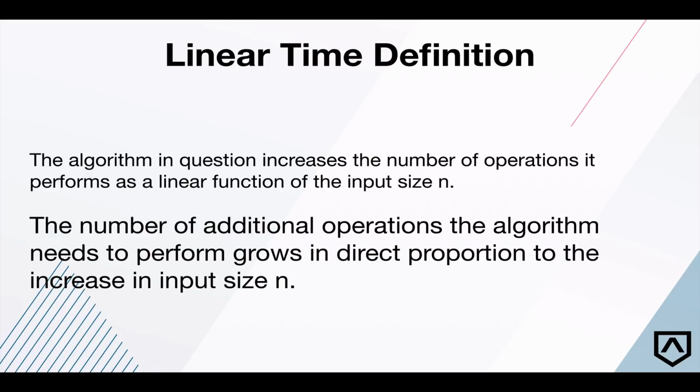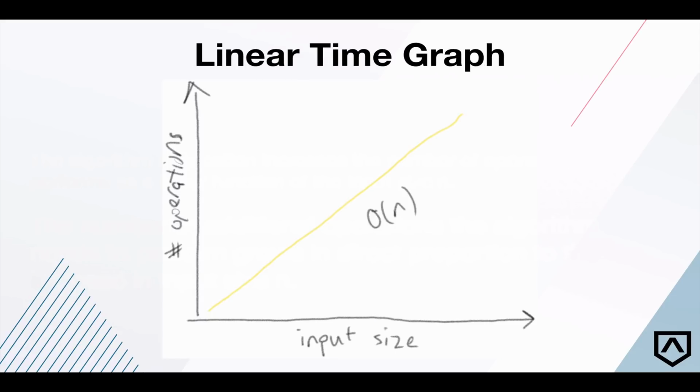If we add one more to n, so if we go from n to n plus 1, we might have to increase the number of operations by 1 in direct proportion. Although it could also be some other proportion, not just 1 to 1. So any sort of linear constant proportion. The graph for that would just be a diagonal line, and its steepness might fluctuate depending on the proportion.